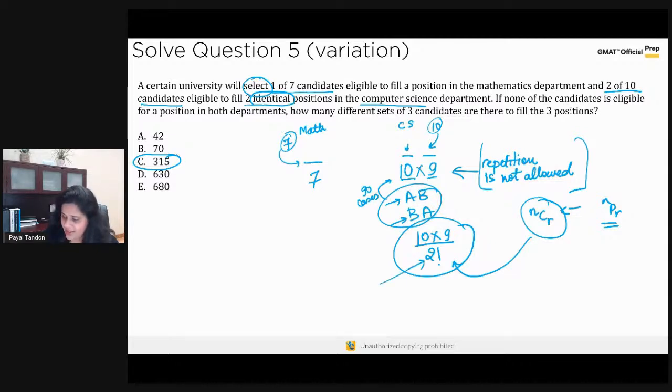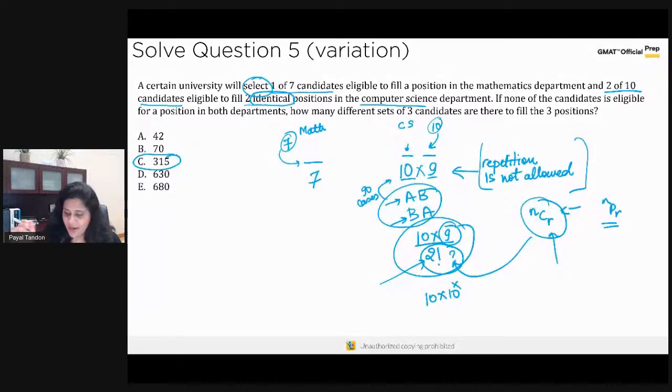Why are you doing this? Why do you have a 9 here and not a 10 here? Why is this wrong? What is the reasoning behind this? You need to understand that before you start to blindly apply nCr or nPr.